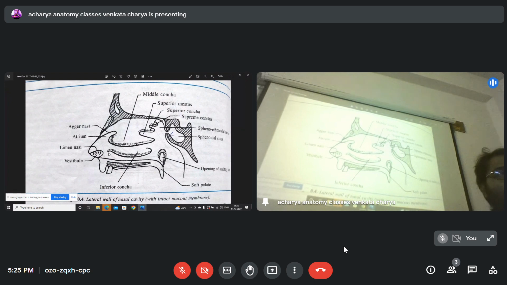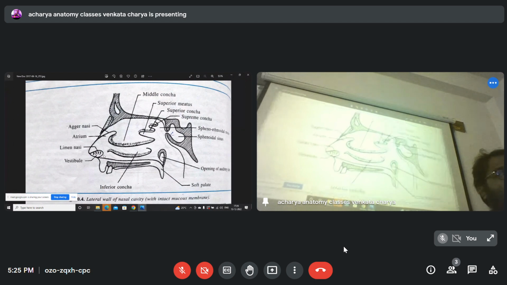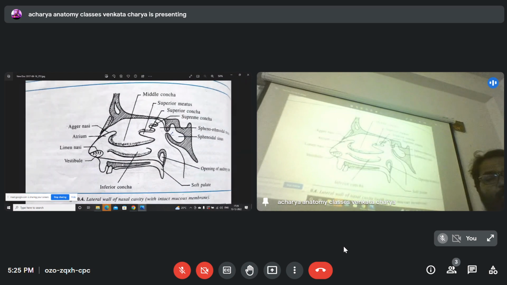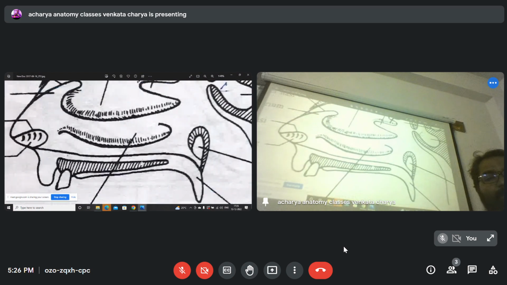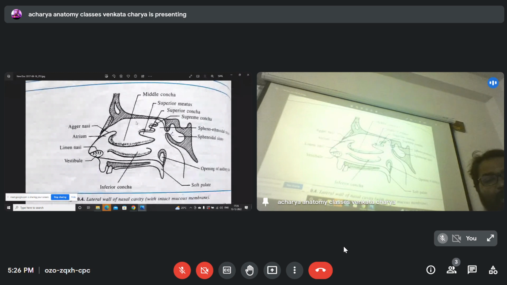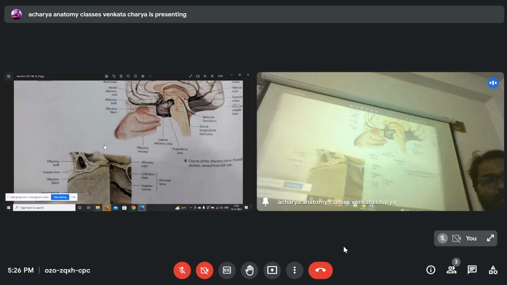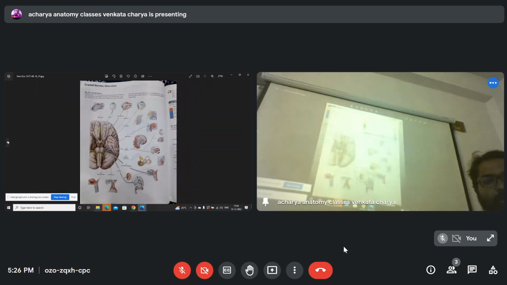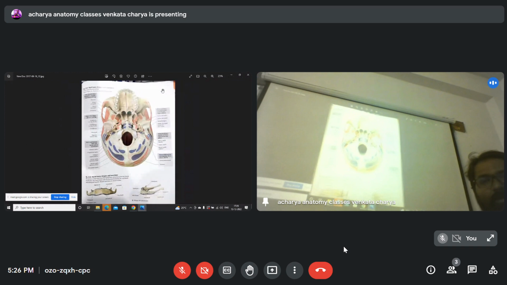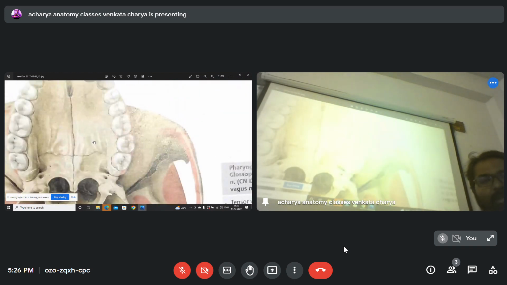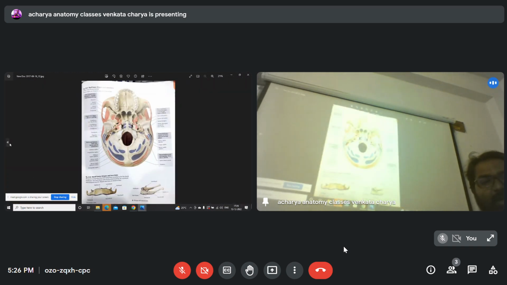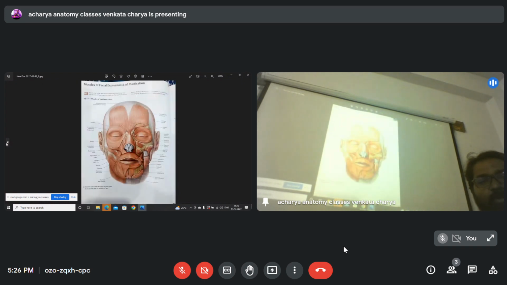Next, the floor is formed by the hard palate. The hard palate is contributed by two bones.